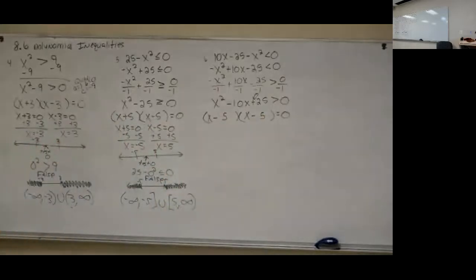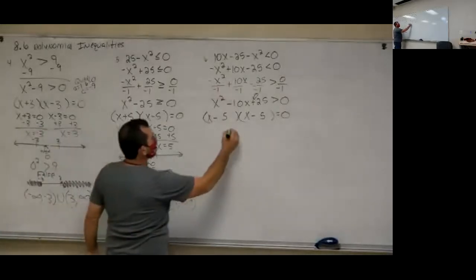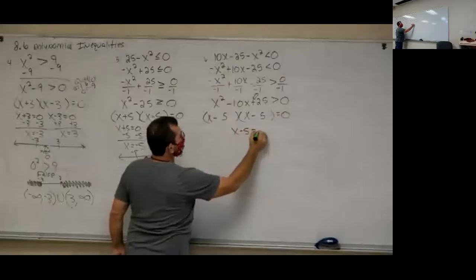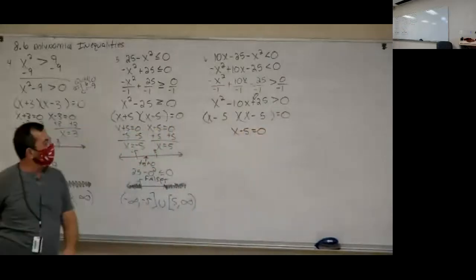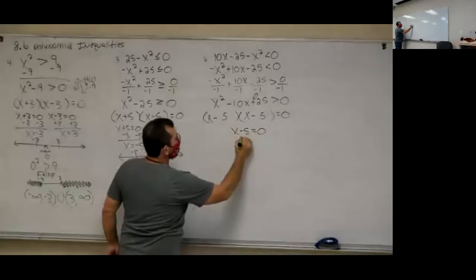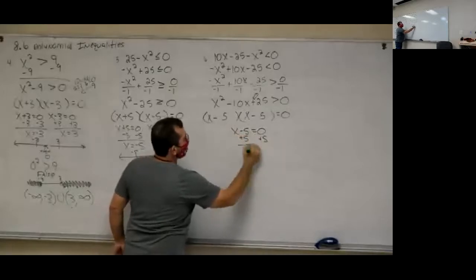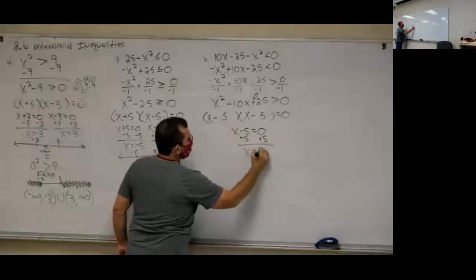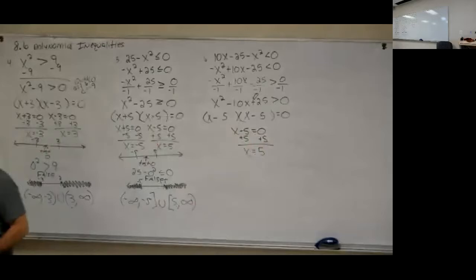That means I got one of those repeating factors. So when you got a repeating factor, you're only going to take one of them, set it equal to 0. We're going to solve that by adding 5 to both sides, so that we get x is a positive 5.